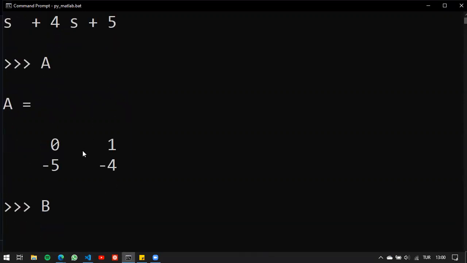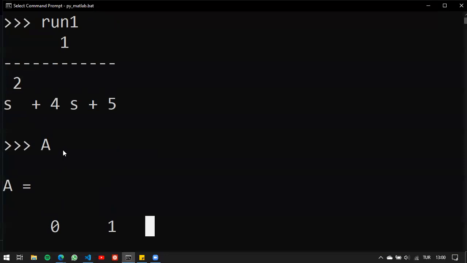Now, of course, here A is also in a special structure because we have a 0 here, and then this is basically the row that interests us. And for a 2x2 system, let me give you a quick note here. The sum here, the trace of this matrix, would give you the sum of the poles, because the eigenvalues of this matrix, basically, are the poles.